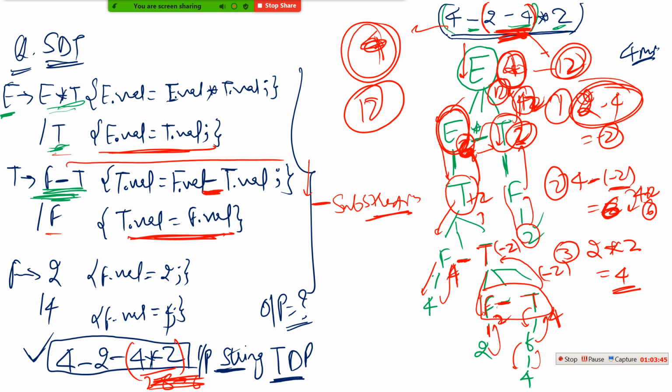So I told you earlier that whatever symbol we find in the bottommost side of the grammar will be given the higher precedence. So among multiplication and subtraction, we have given higher precedence to this subtraction symbol. Why? Because it is placed in the bottommost side. In this semantic tree, you can observe it.